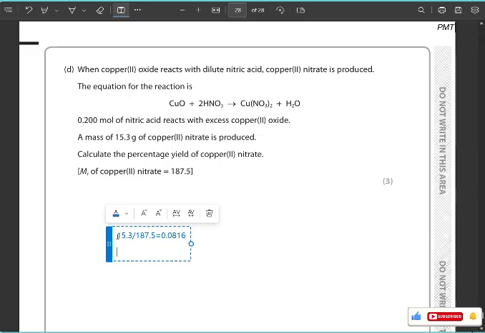And then the next one, theoretically the moles of copper nitrate, we should divide 0.2 by 2, which equals 0.1. For finding the yield, we should divide 0.0816 by 0.1 and multiply by 100 to convert it into a percentage, and it will be 81.6%.